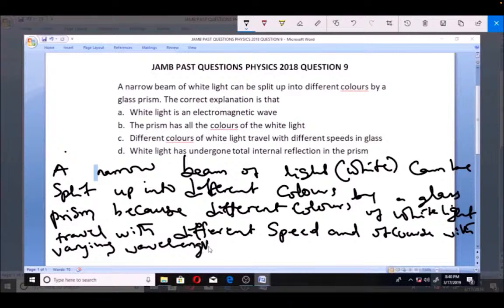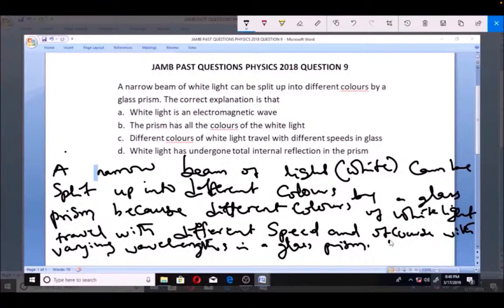So you will not notice this until you pass it through a glass prism. So they actually move with different wavelengths. So you'll be able now to see the different colors in the white light.